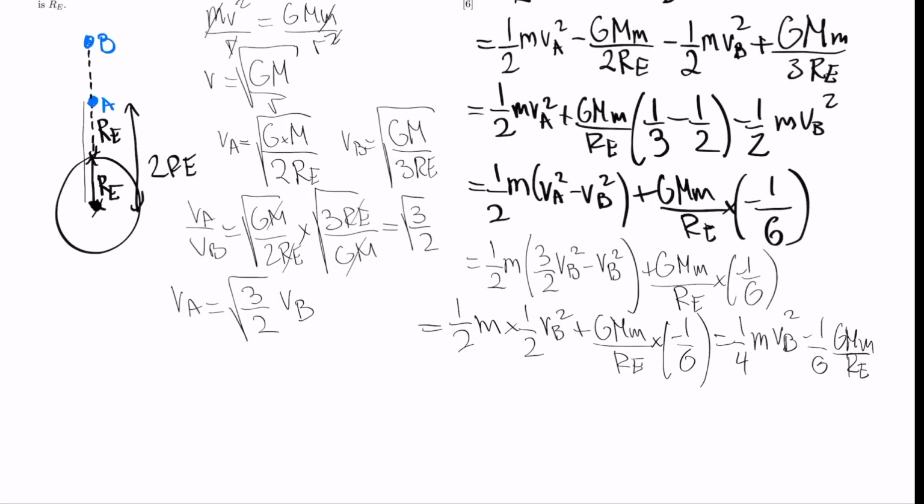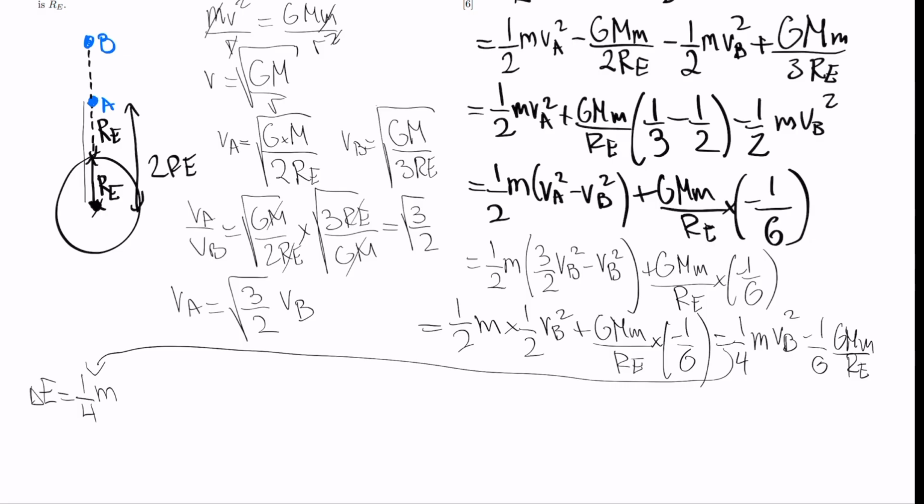Okay, we're almost there, guys. So what I'm going to say then is that this expression right over here, I'm going to carry on the working out here. The change of energy, or the difference in energy, will be given by 1 over 4 m. Now, what is vB?